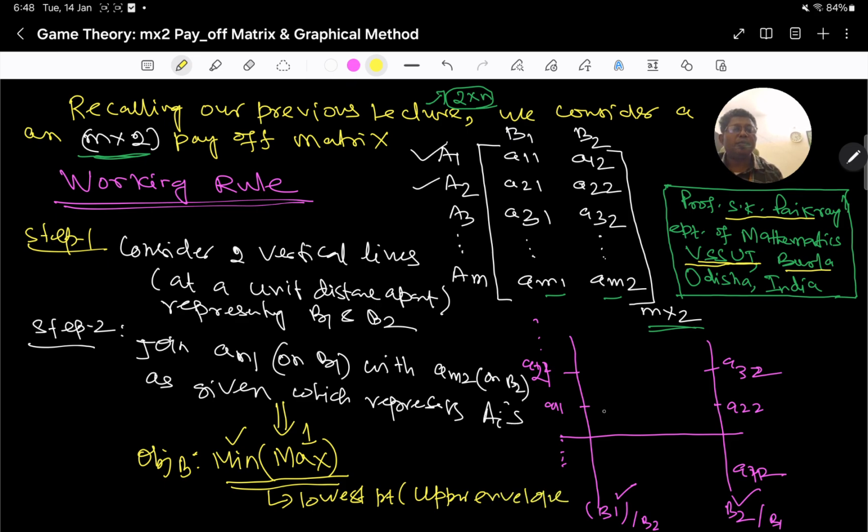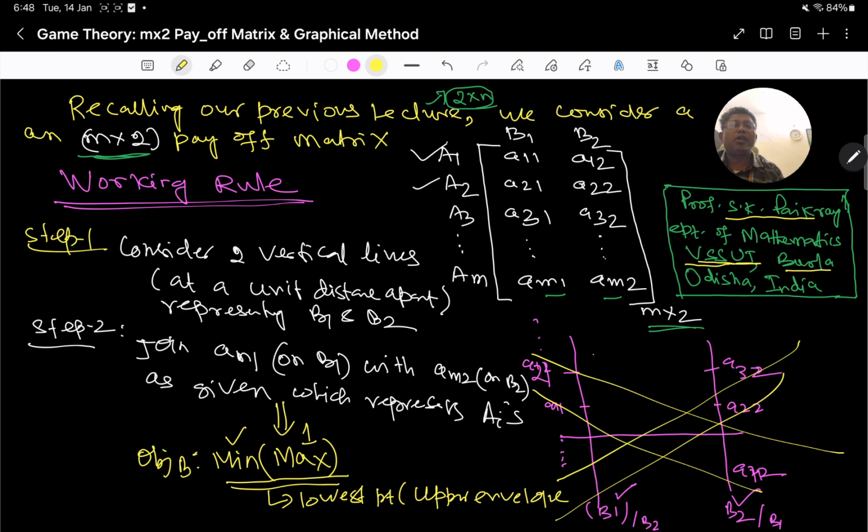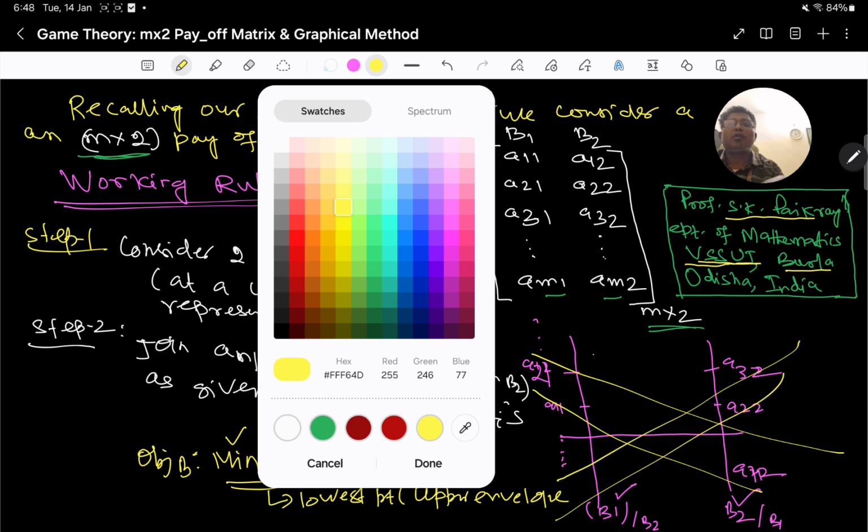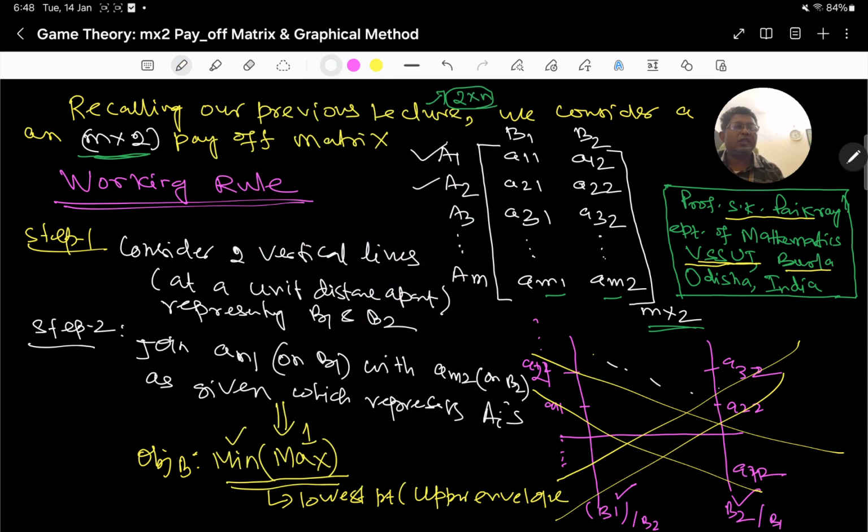What does it mean? We join A1, we join A2, we join A3 and so on. Then bounded by all the lines, this is the upper envelope.